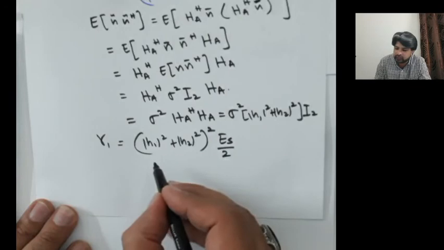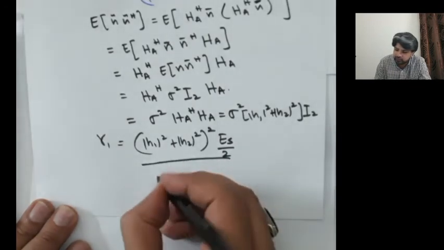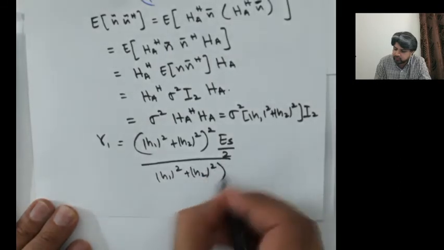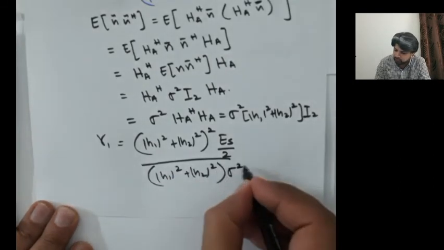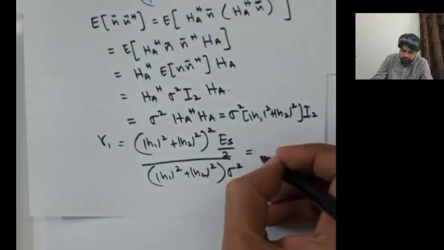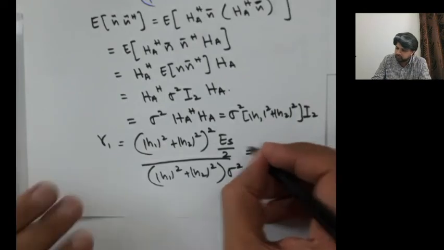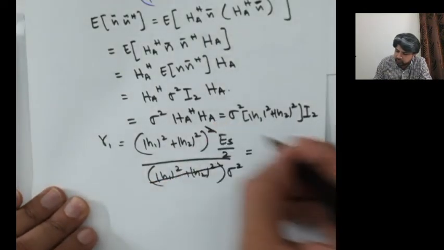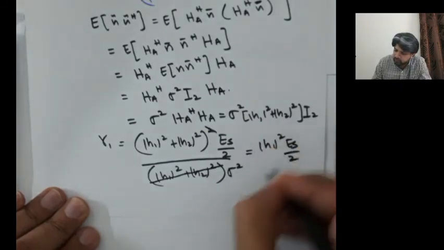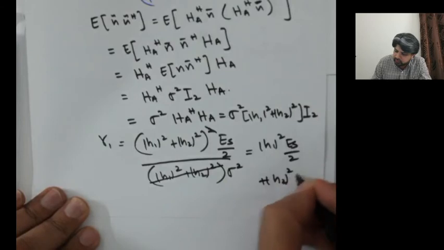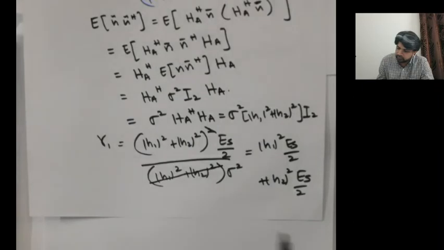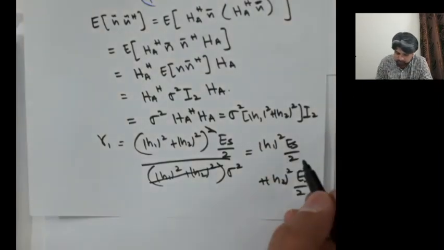If you suppose that half of the energy is given to the first symbol, divided by your noise variance, H1 mod squared plus H2 mod squared times sigma squared. You can see that this would cancel out this square, and then you would have H1 mod squared times Es by 2 plus H2 mod squared times Es by 2, divided by sigma squared.